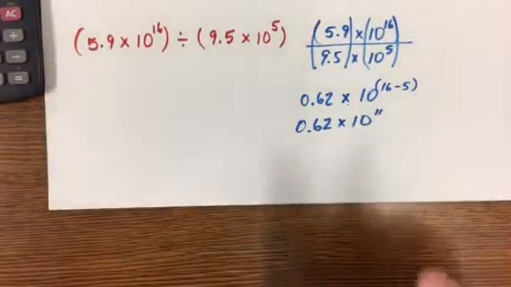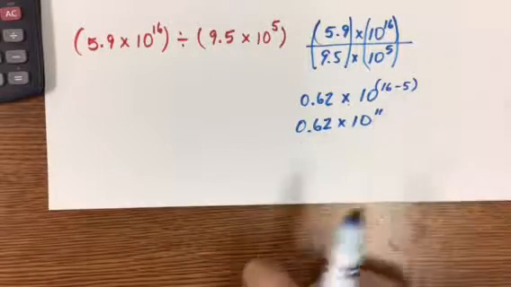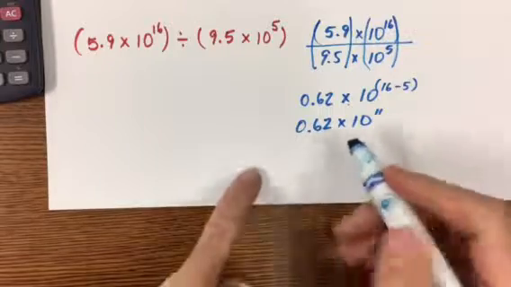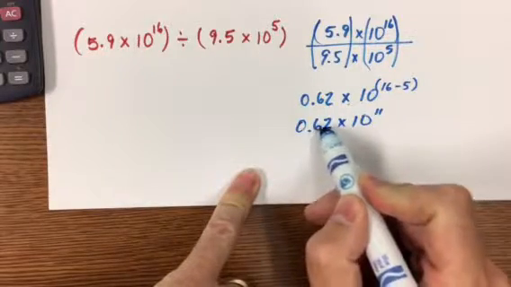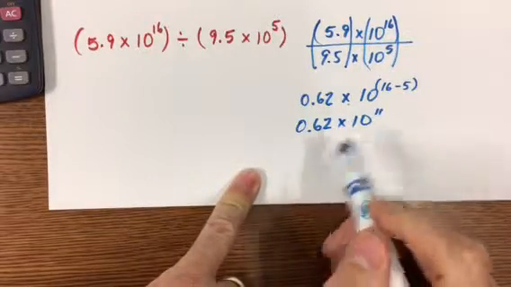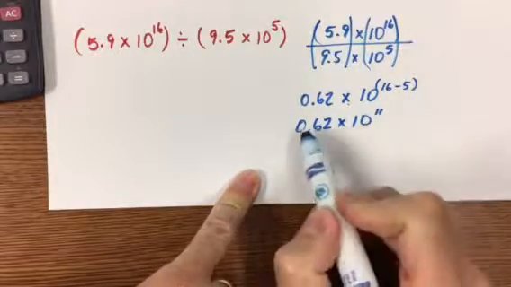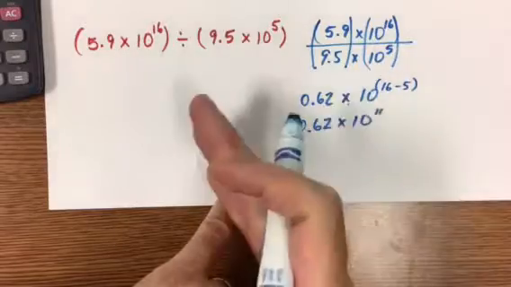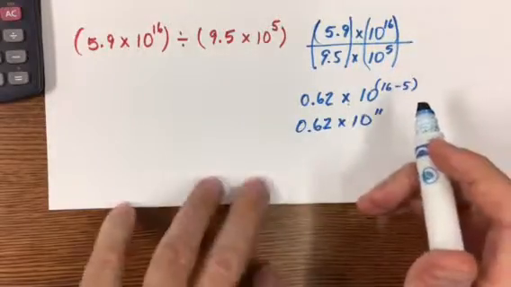Now, is this proper scientific notation? The answer is no, because in proper scientific notation, we want one significant figure in front of the decimal and everything else after the decimal. This 0 is not a significant figure because zeros in front of everything else are never significant.